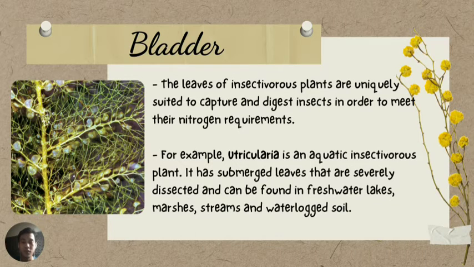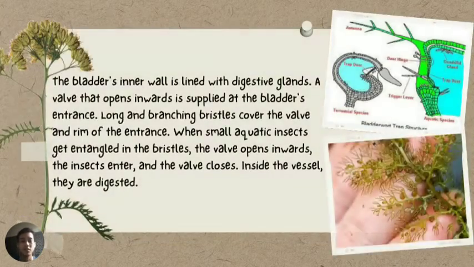Utricularia is divided into two types, which are terrestrial species and aquatic species. As you can see at the top right corner, there are two types of bladderwort. We also can call Utricularia bladderwort.